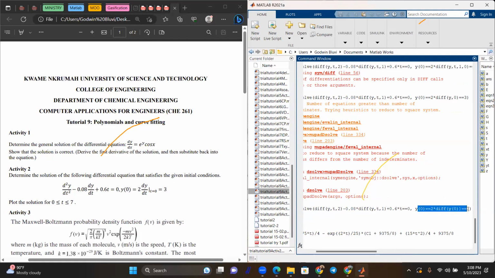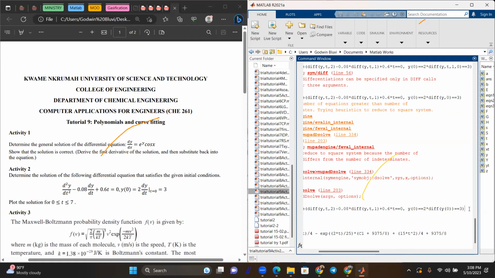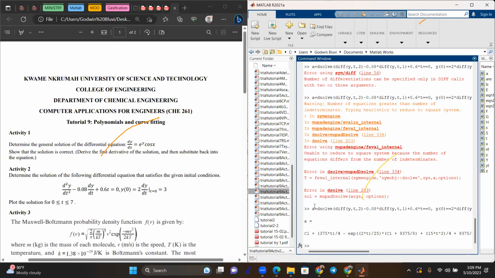You remember initial conditions of a differential equation? You were looking for where you made a mistake. So that's the final thing I was supposed to do.